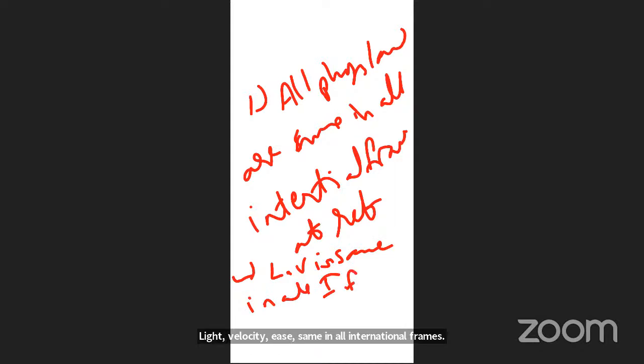And the second one is: light velocity is the same in all inertial frames of reference, and it is constant. That is the second postulate of the special theory of relativity.